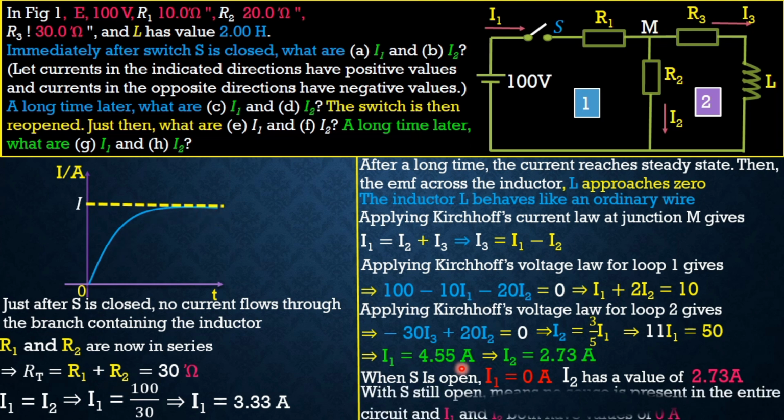So after that long time, friends, we can simply tell them that when S is still open, that is with the switch still open, we know that there is no source that is going to drive a current to flow, right? No source. After that long time now, I1 and I2 and I3 are going to die down to 0.